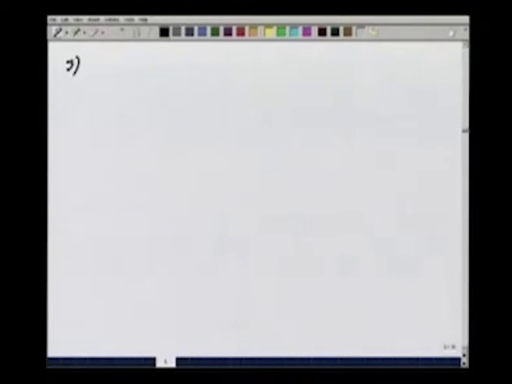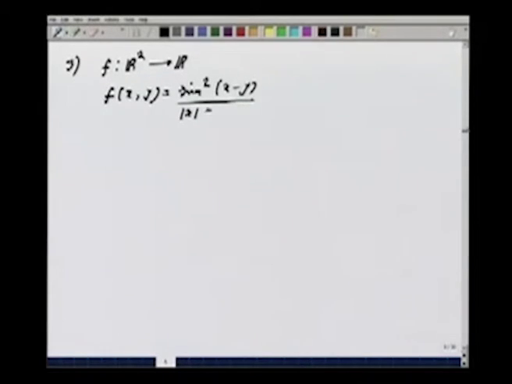Now let us look at another example. I define f from R2 to R given by f(x, y) equal to sine square of (x minus y) divided by mod x plus mod y if (x, y) is not equal to (0, 0).